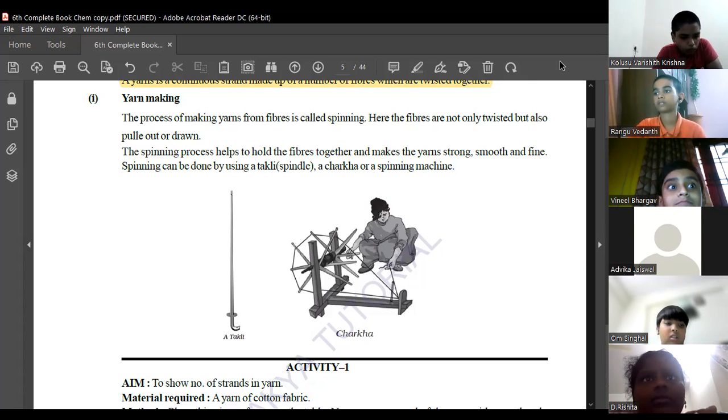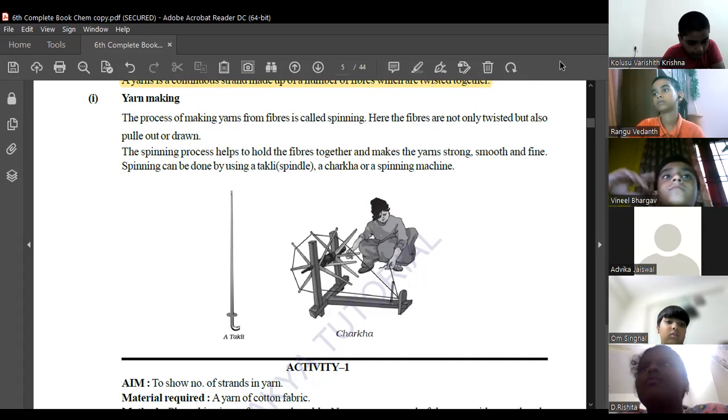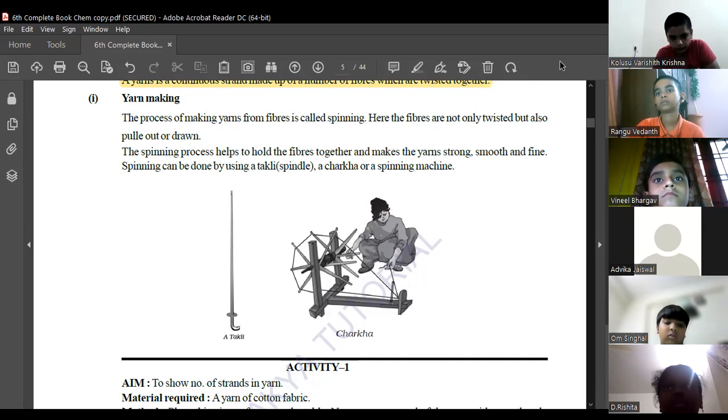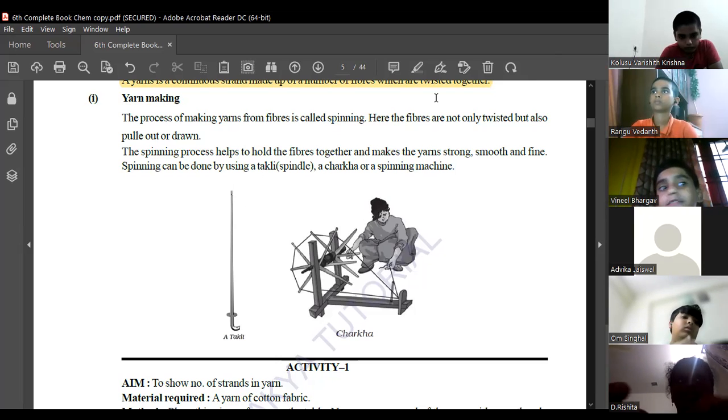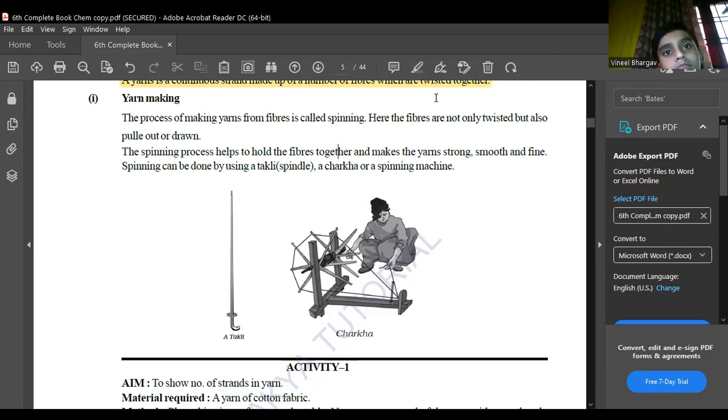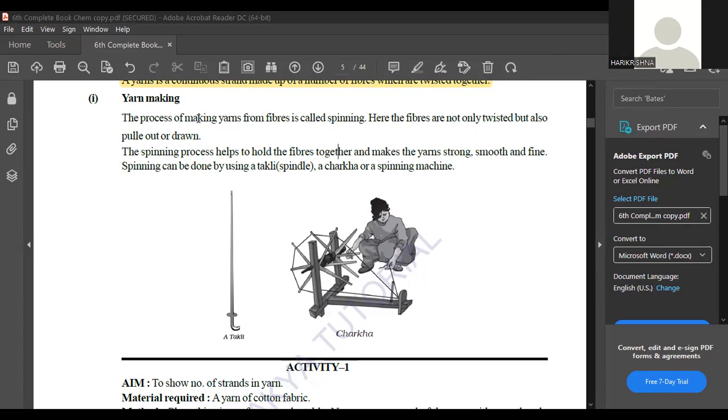Very good. So from the fiber, they prepare the yarn with the help of this charkha. After that, from the yarn, they prepare the cloth with the help of machines or handlooms. The spinning process helps to hold the fiber together and makes the yarn stronger, smooth, and fine.